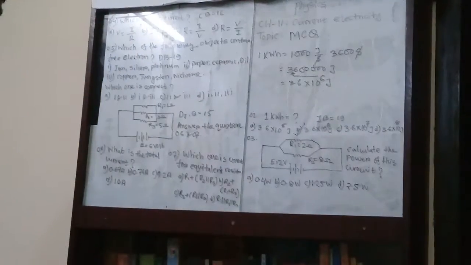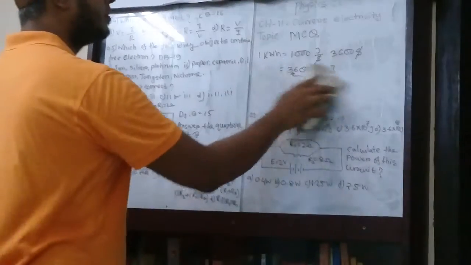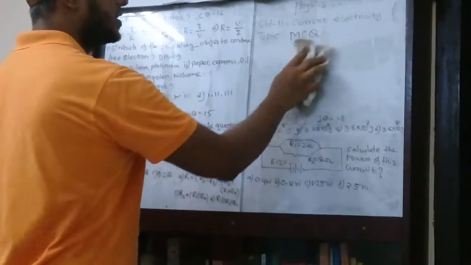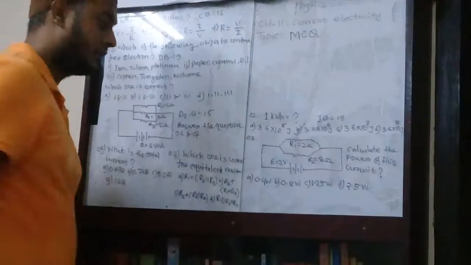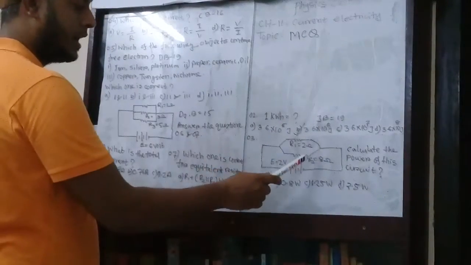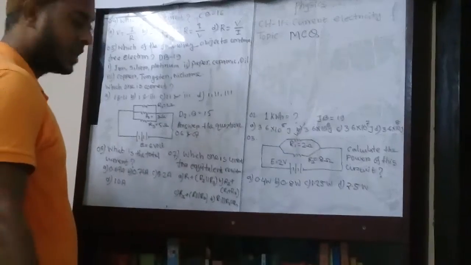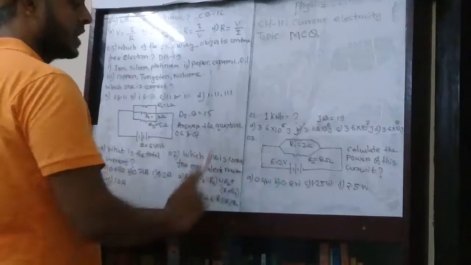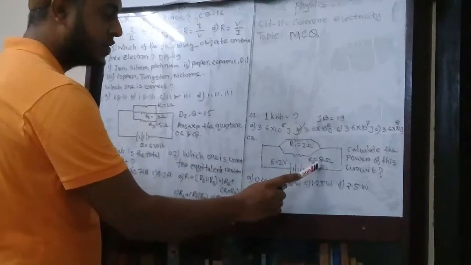Okay. Now I'm going to solve question number 3. The value of R1 is 2 ohm and the value of R2 is 8 ohm.